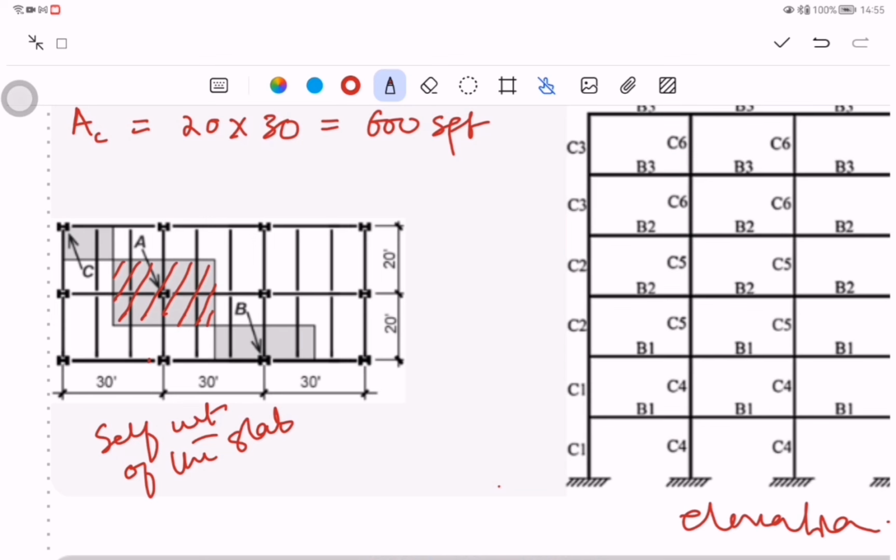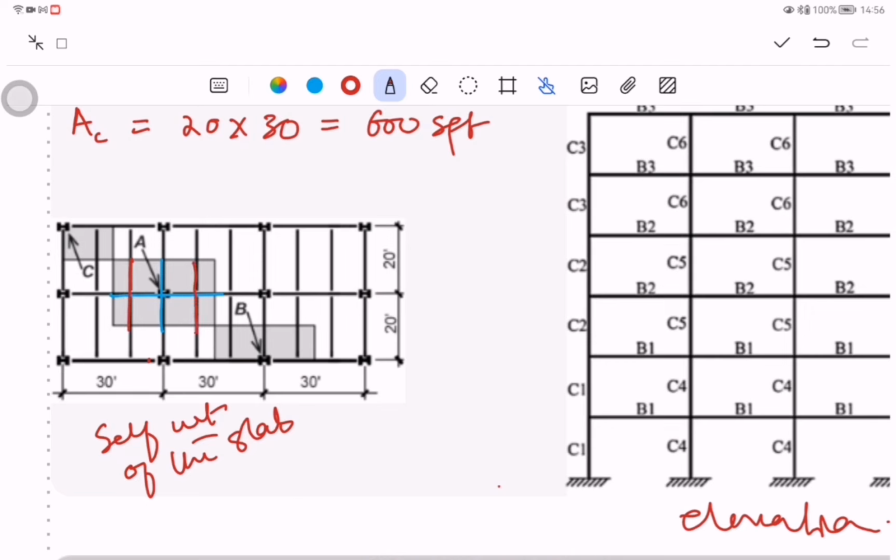In addition, if you look closely, there are beams inside this catchment area, so those beams will be considered. These are my primary beams. The length of the primary beams will be considered and the load transferred to the column, and the length of the secondary beams will be considered and the load transferred to the column.